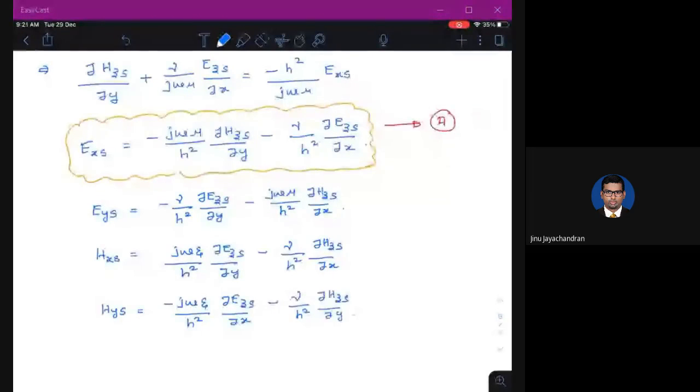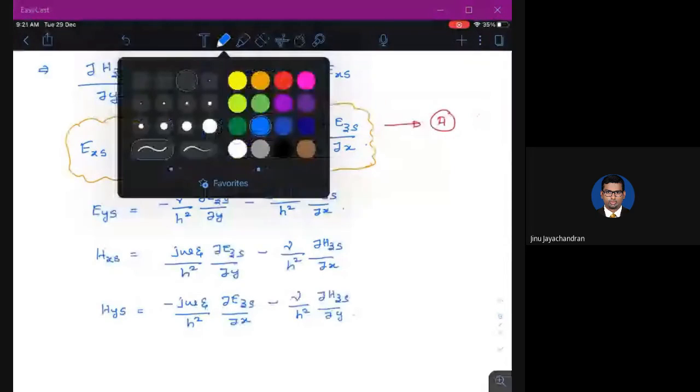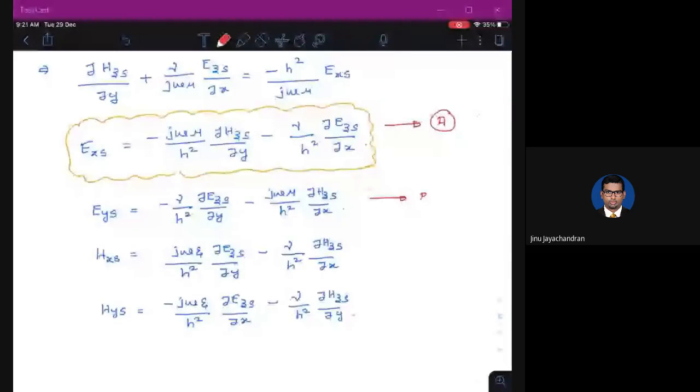Let's name these as equations B, C, and D.